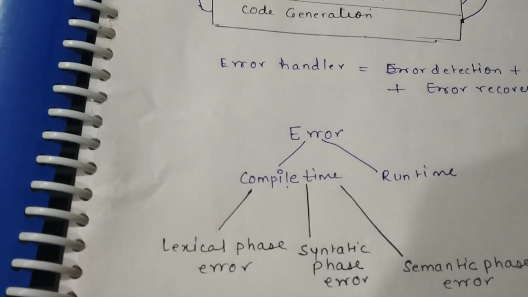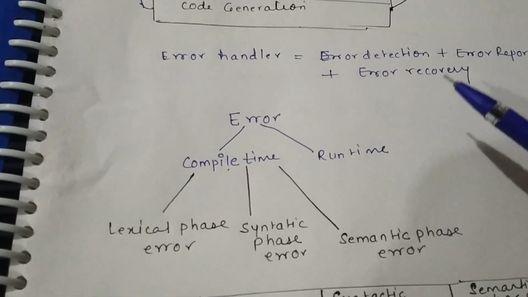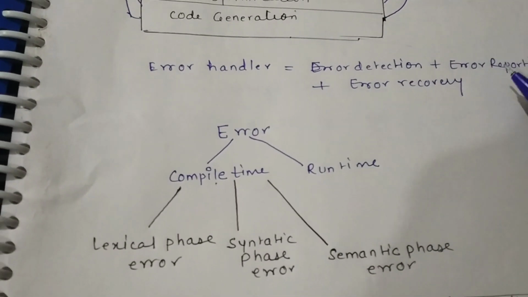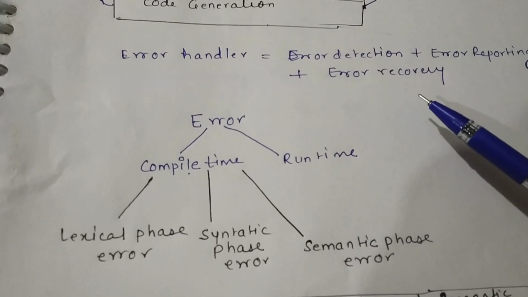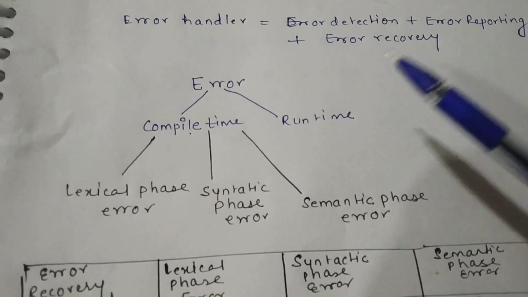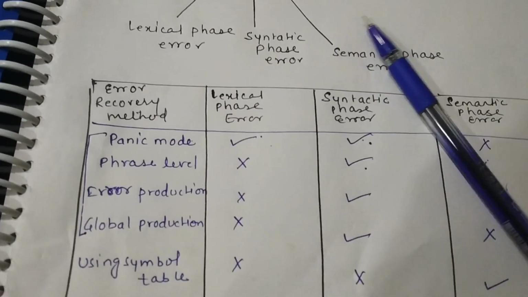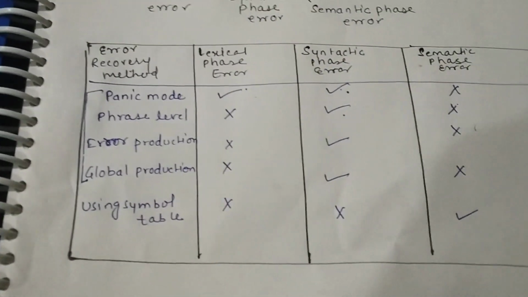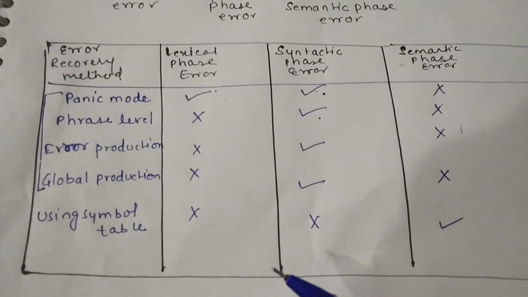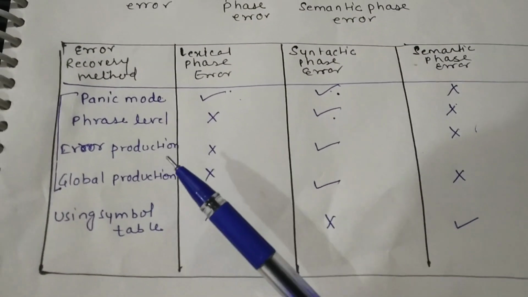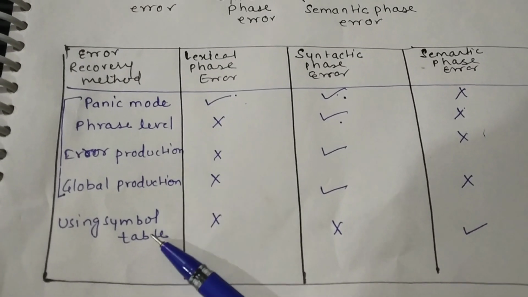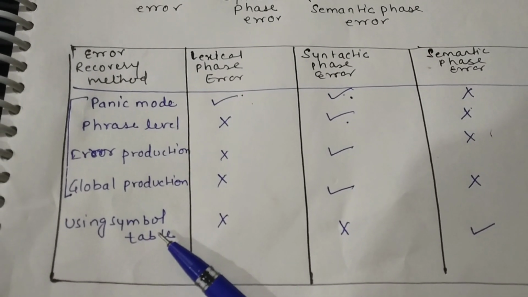So the compiler can easily detect the error and report the error, but the error recovery process follows some methods. Now we will see the error recovery methods. We have the 5 error recovery methods: the panic mode method, phrase level method, error production method, global production method, and using symbol table method.